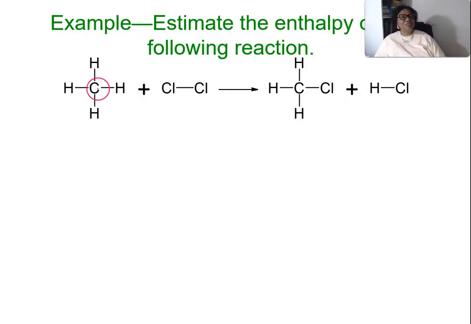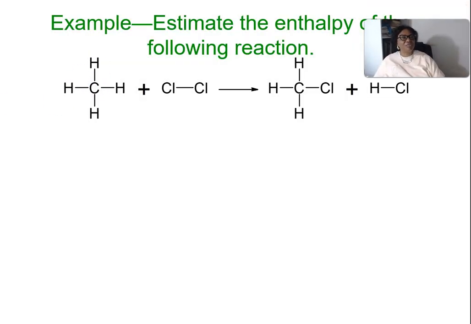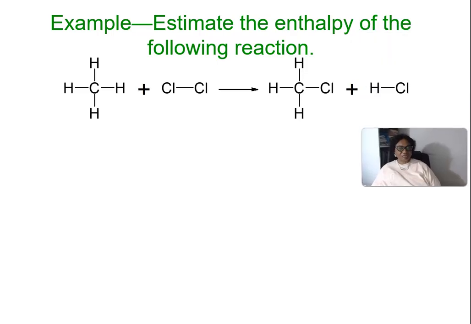So let's find the heat of reaction of this reaction. So this is a molecule. You have to break this carbon-hydrogen bond, and you break the chlorine bond to form a new carbon-chlorine bond and a new hydrogen-chlorine bond.